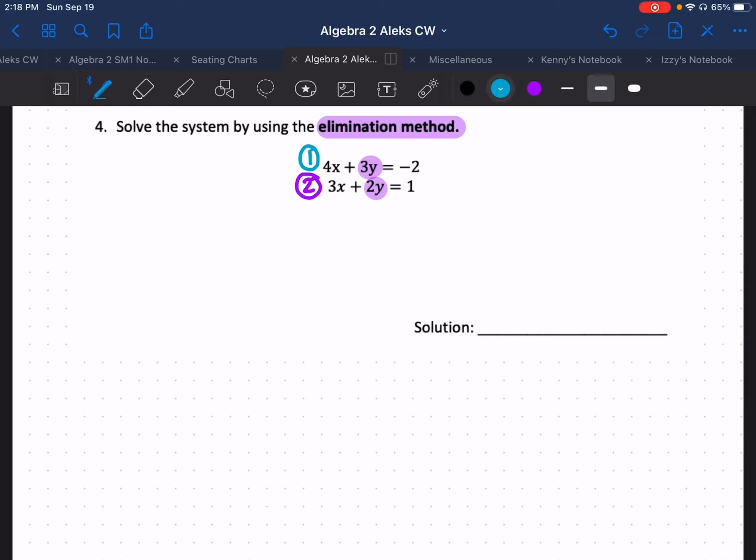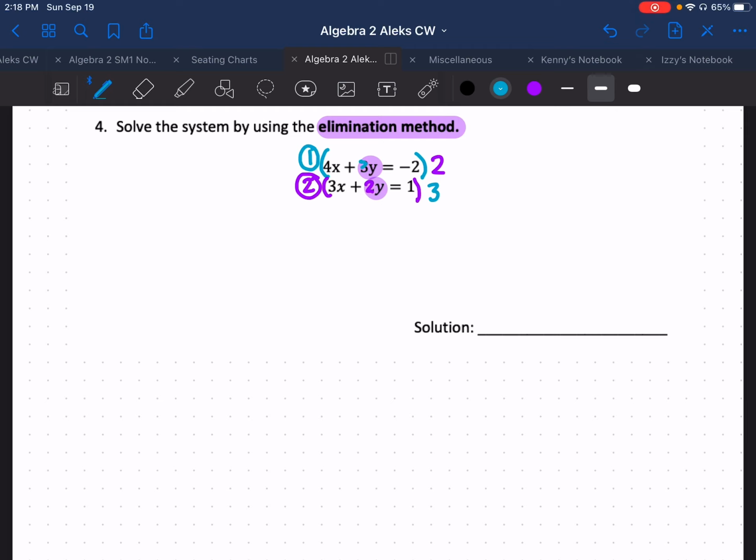What I am going to do is take equation number 1 and multiply by the coefficient in front of the y value in equation 2. That would be 2. I got that 2 from equation 2. Always from the other equation. I'm going to take equation 2 and multiply it by the coefficient in front of the y in equation 1.